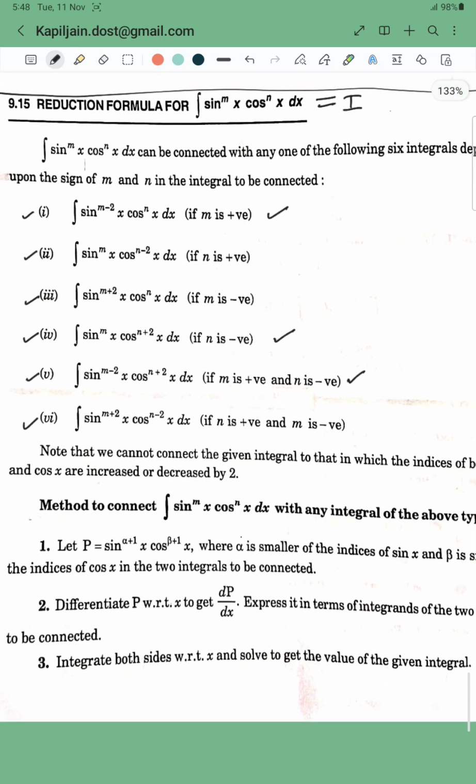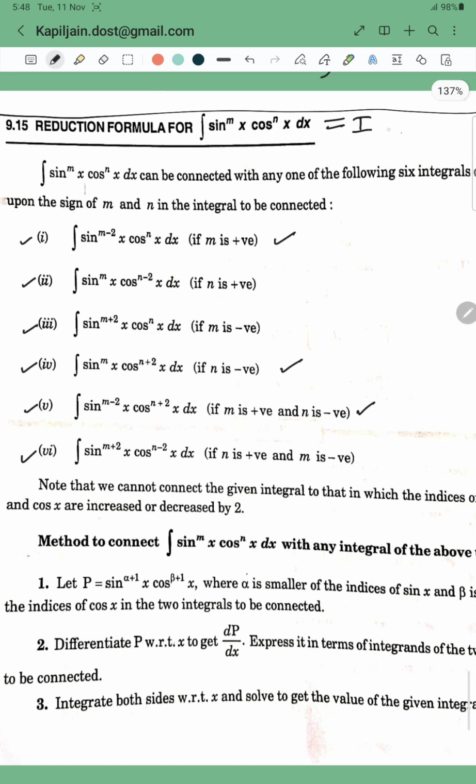For example, we want to connect the given integral I and integral fifth, then sin raised to power m x and sin raised to power m minus 2 x, the smaller power is m minus 2, so alpha is m minus 2, and power of cos x is n in I and n plus 2 in the second integral, so beta is n.